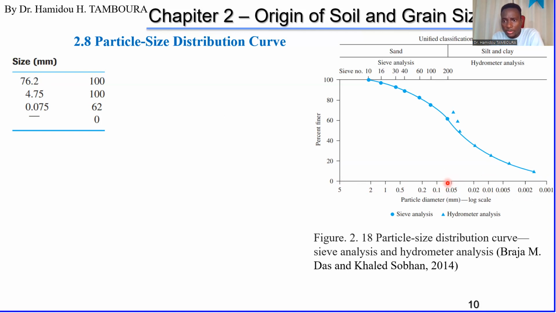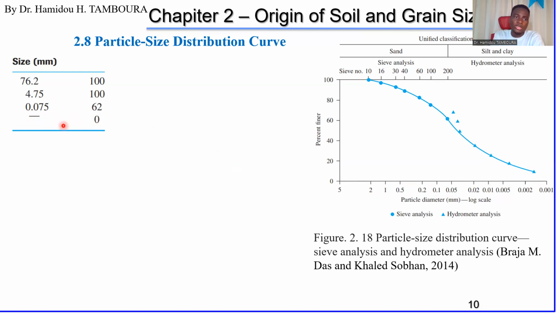Based on this, we can say that about 62% of the soil is smaller than this diameter, 0.075. Remember that the unified classification system is limited to here. All the rest, maybe we can put like 0 here. Of course, we cannot put 0, but remember that everything smaller than this is the rest. So 0 is just 0%.